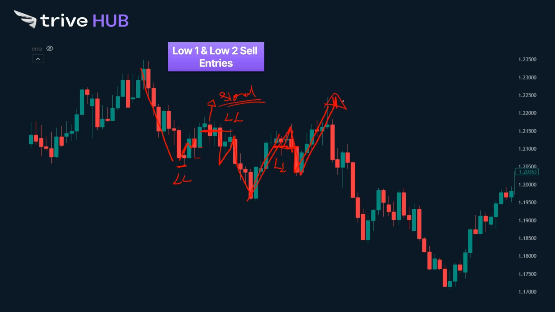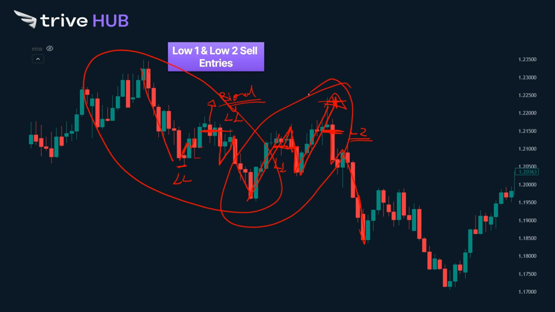So the C correction ended here, and then this candle has given you a low 2 entry. So it moved beautifully to the downside. We have had some low 1 entries in the previous legs, in this leg low 1 entries, but then the market went into a deeper pullback before moving further to the downside.